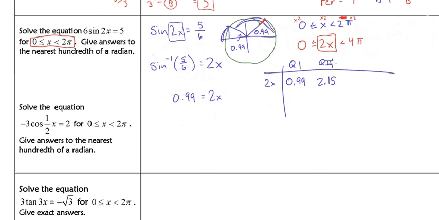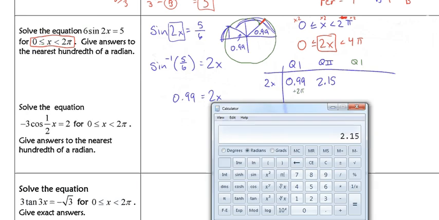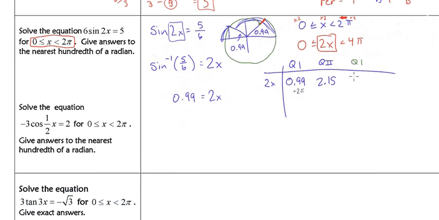So quadrant 1 again, but 0.99 plus 2 pi. Using 3.14 times 2, plus 0.99, we're at 7.27 radians, which gets us back to the same place with a sine value of 5/6.